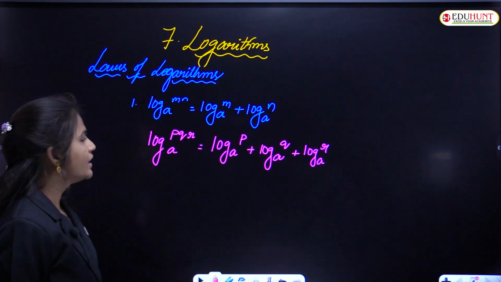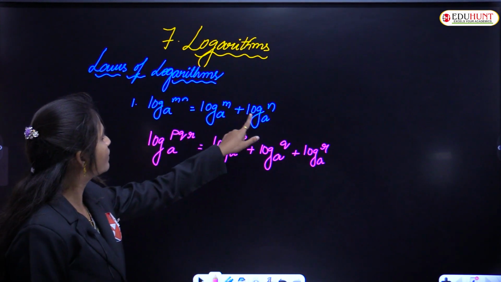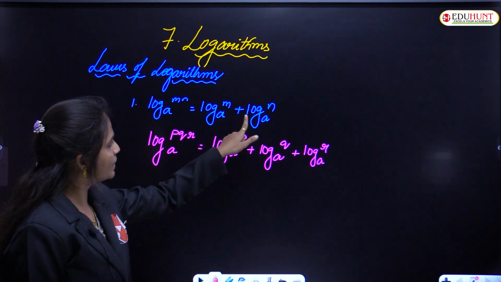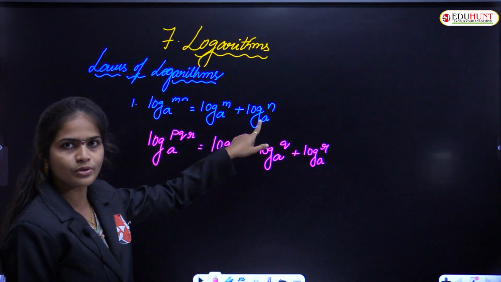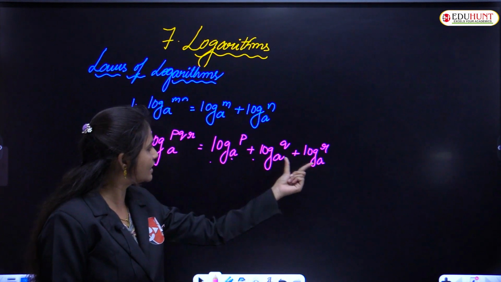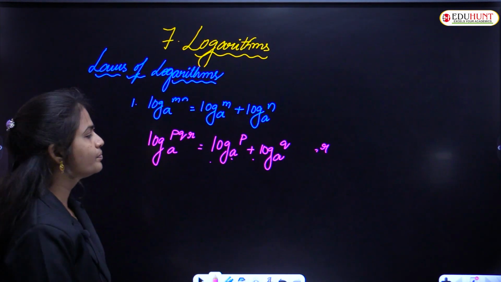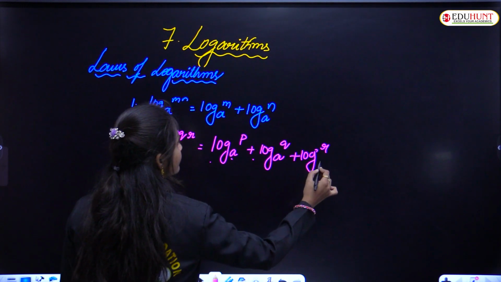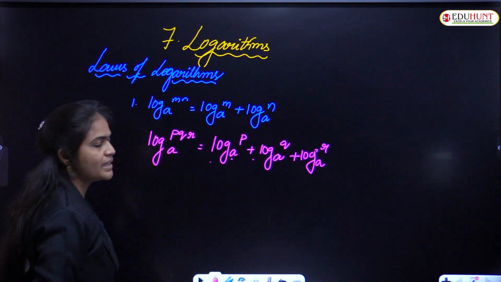Did you understand? Here two values only we taken, that's why here we got two terms, log m to the base a plus log n to the base a. Here we taken three values, so we got here three terms. Understood?